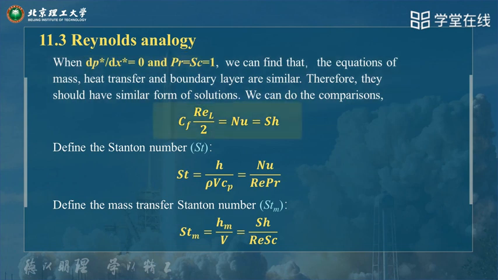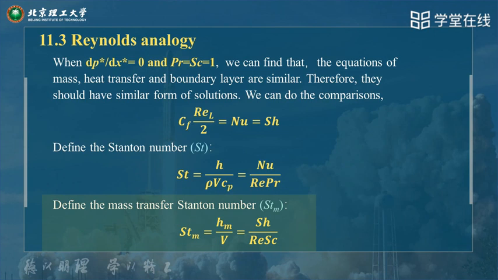From the heat transfer and mass transfer comparison, we easily obtain Cf times Reynolds number divided by 2 equals the Nusselt number equals the Sherwood number. Define the Stanton number as follows: Stanton number equals h over rho V Cp, equals the Nusselt number divided by Reynolds number times Prandtl number.